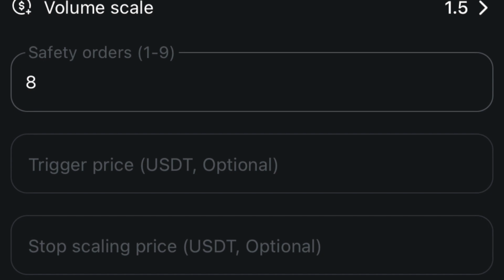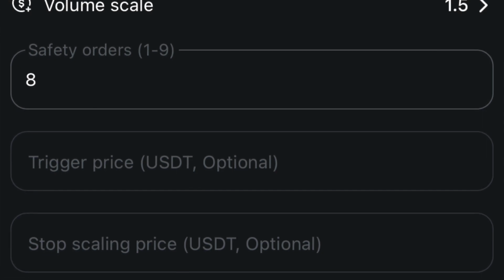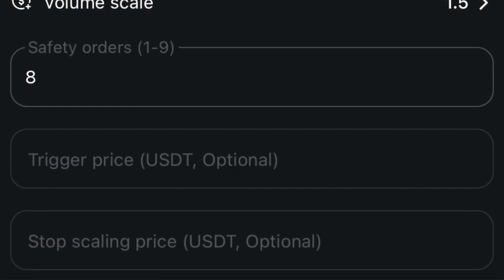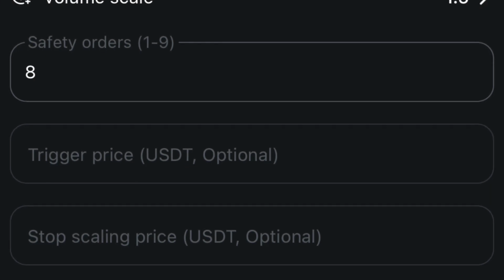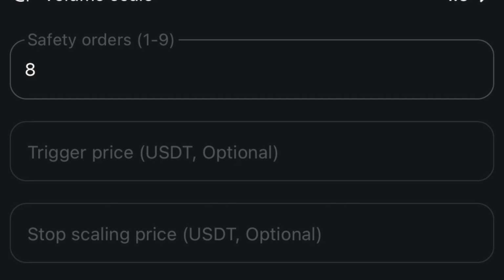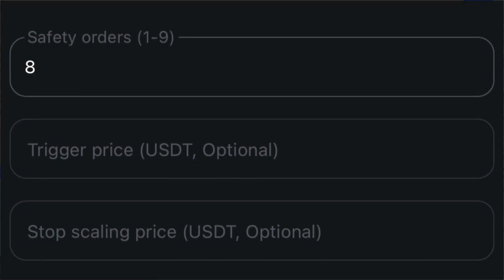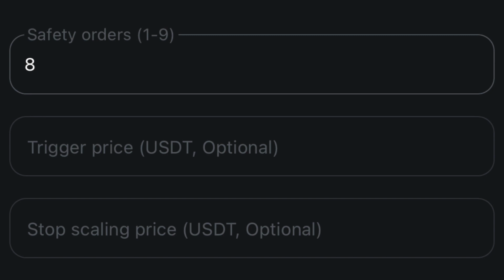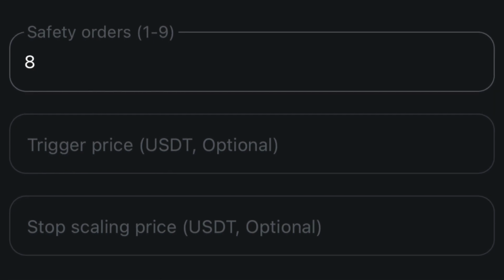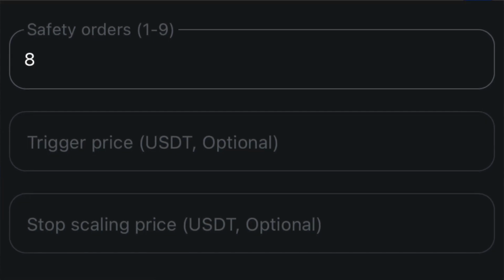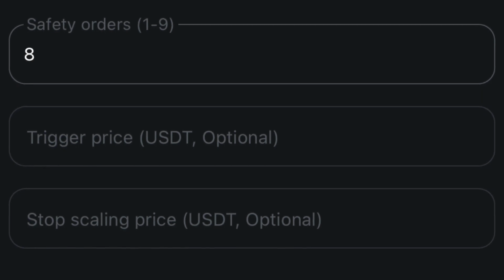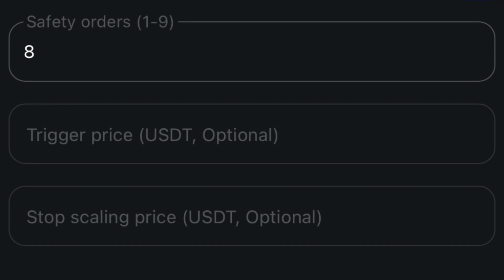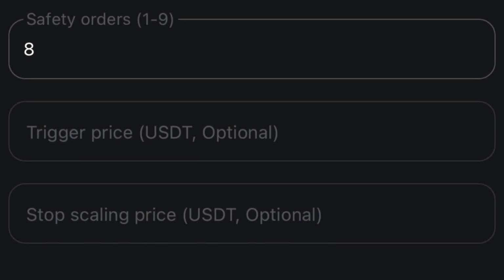it's safe. The last thing that I'm going to end up explaining is the trigger price. You can have a trigger price on this just like any other price, and you also have a stop scaling price. That stop scaling price basically means that no matter what, when that price is hit, the bot will stop scaling.